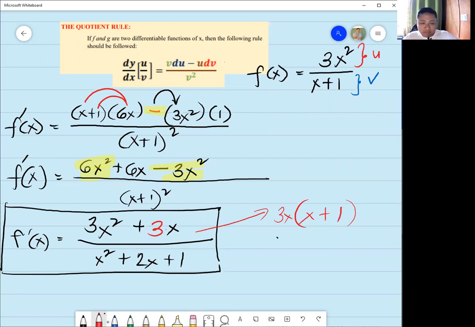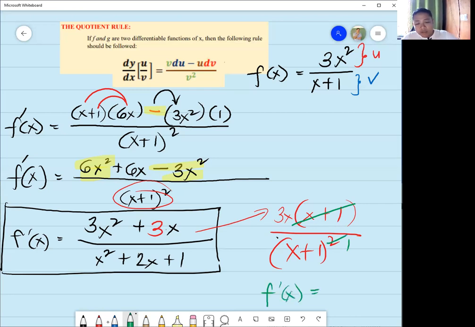Right? Because it can be factored out. Over your given denominator which is x plus 1 squared. If our given were like this, we can cancel out the x plus 1 there and the other x plus 1 there, but it's squared. So only one can be cancelled, and what remains is 1. You will end up with the final answer which is f prime of x is equal to 3x over x plus 1.